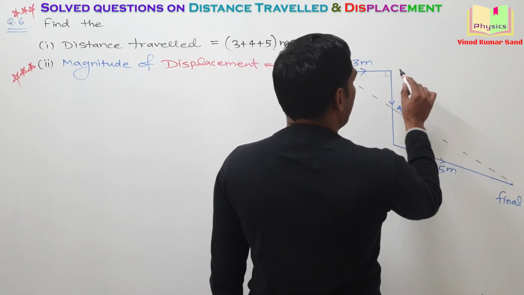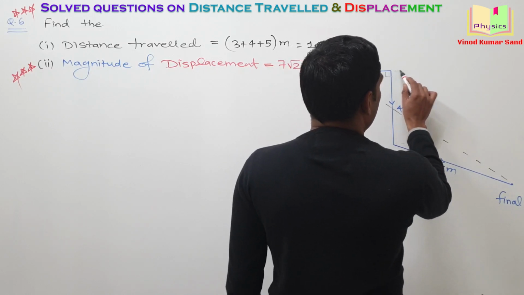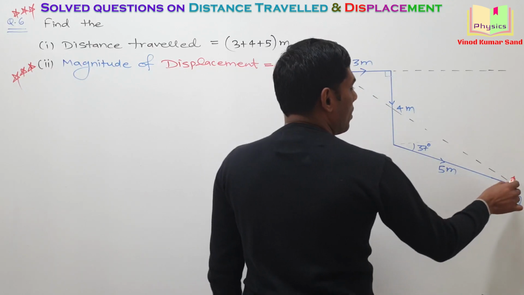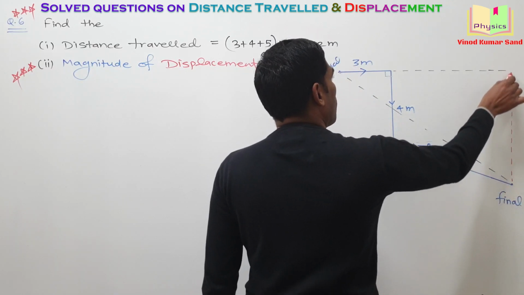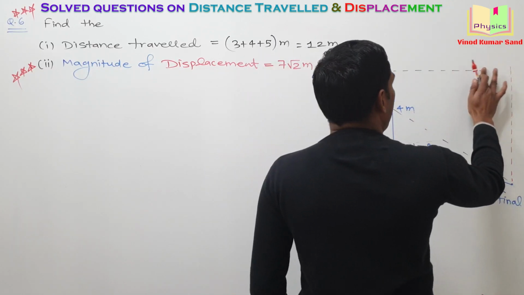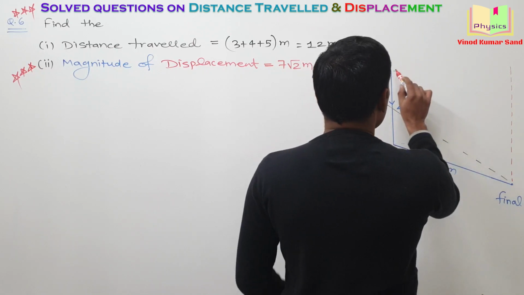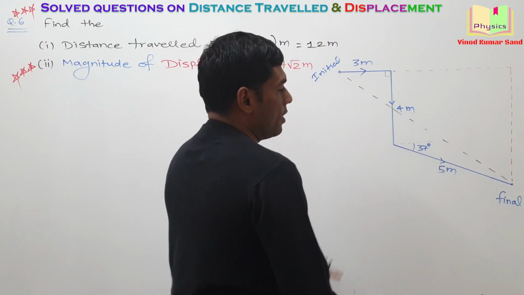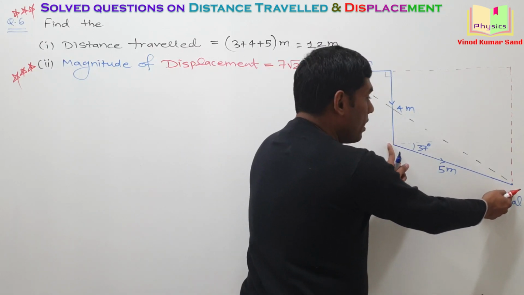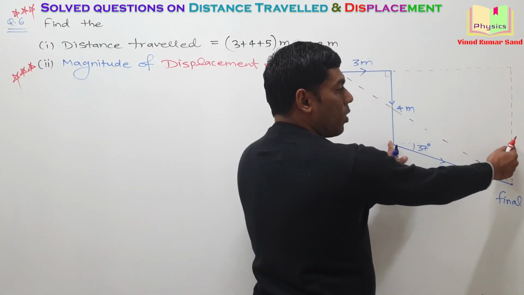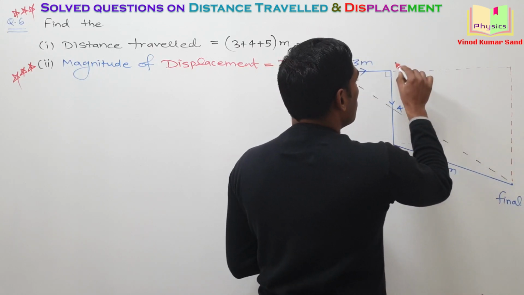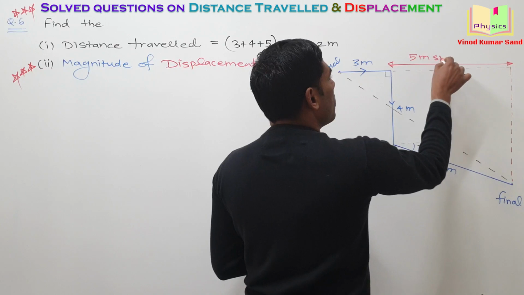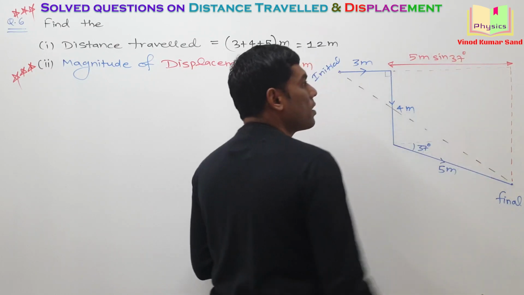Is it clear? Now you need the length of this straight line, and that can be obtained very easily. First of all, I'll try to obtain this length, and then we'll try to obtain this length also. We'll complete the right angle triangle here. See, this is 5 meter. The 5 meter length will have this horizontal component. How much? 5 sine 37. Do you agree?